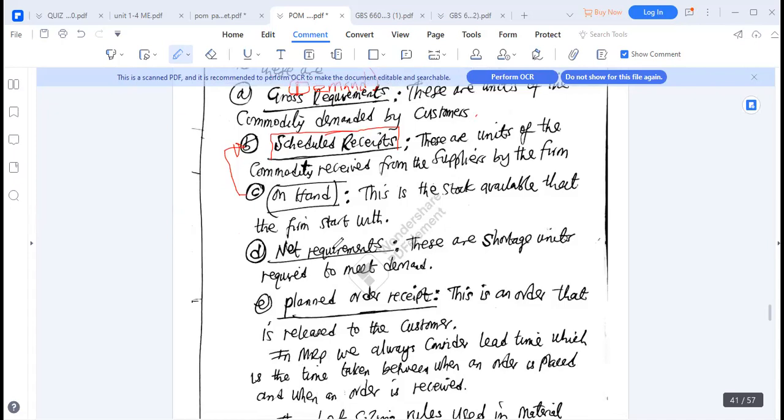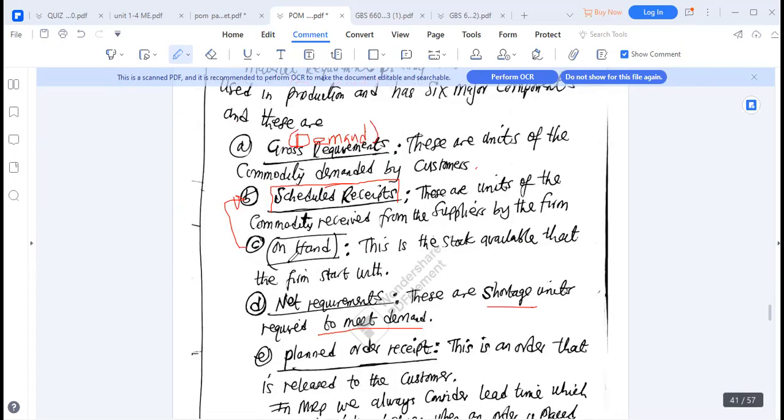Then the net requirements: these are shortage units required to meet demand. If the beginning stock plus the scheduled receipts will not be enough to meet the demand of the gross requirements, then we have what we call the net requirement, the shortage units required to meet demand.